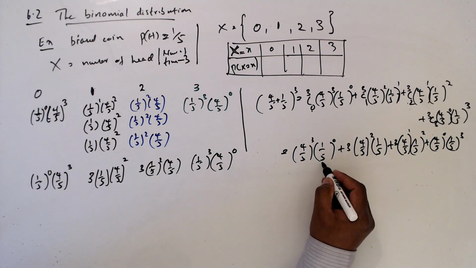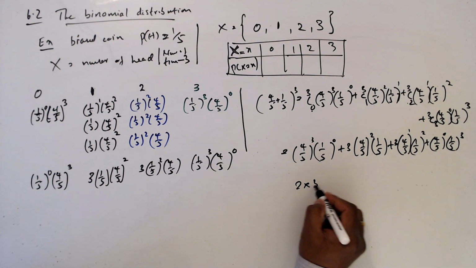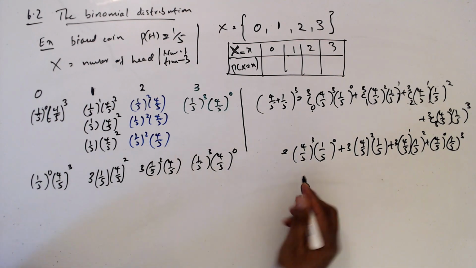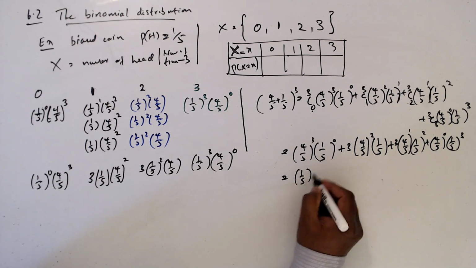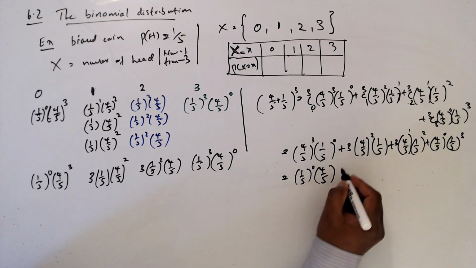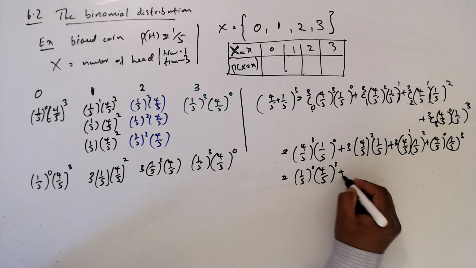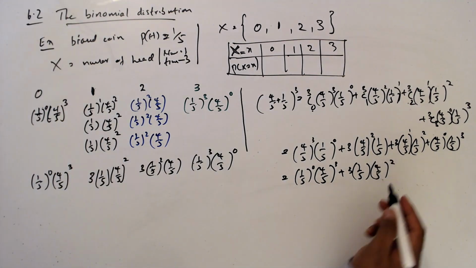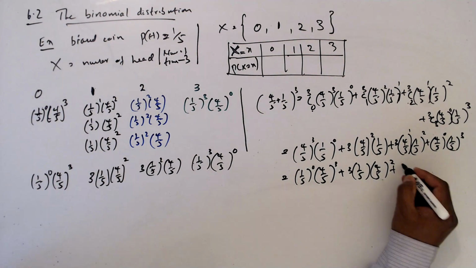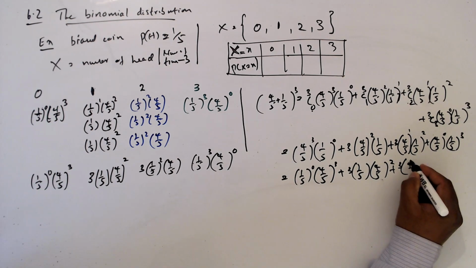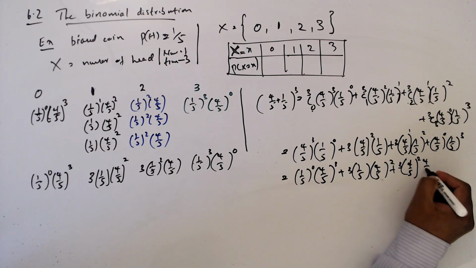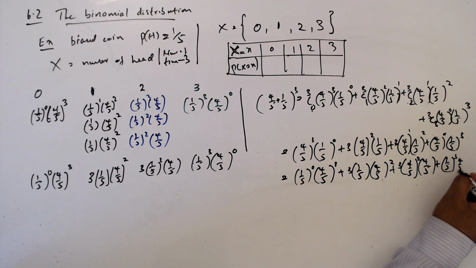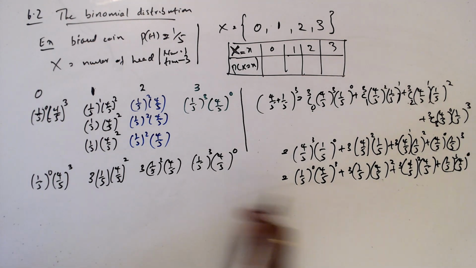Now I am adjusting a bit: 2 times 3 is 3 times 2, both the same. So I can adjust here (1/5)^0 times (4/5)^3. I just interchange this one: 3 times 1/5 and (4/5) squared, and this is 3 times (1/5) squared, 4/5, and this is (1/5) cubed, (4/5)^0, to match with this one.